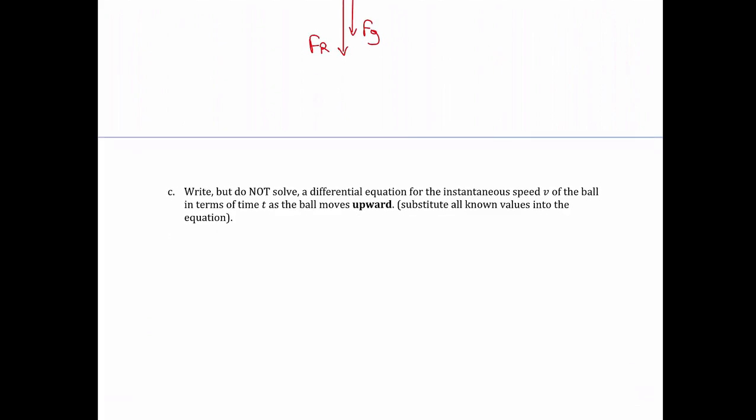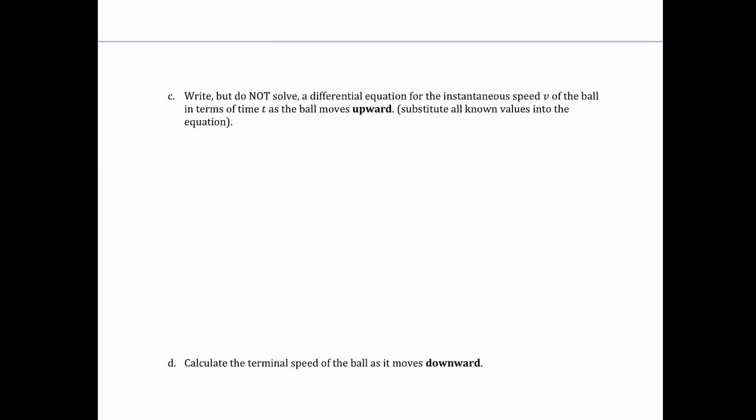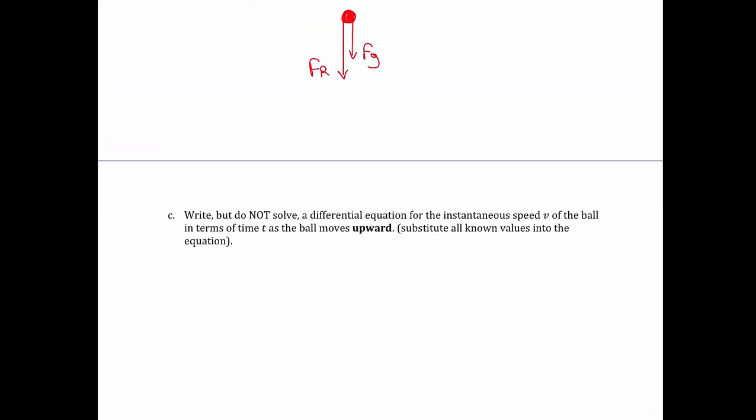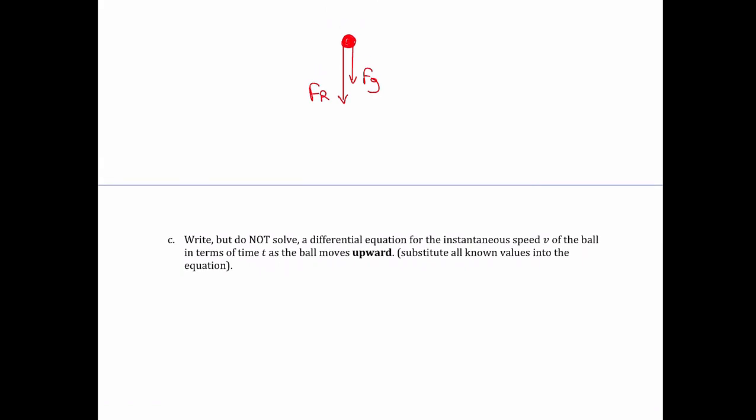And finally, we need to write and not solve a differential equation for the speed as the object is moving upward. Now, in order to do that, we will start with Newton's second law. So F net is equal to mass times acceleration. Now, F net is the sum of these two forces, so force of gravity plus air resistance. However, since these two forces are acting downwards, we can consider that they have a negative direction.